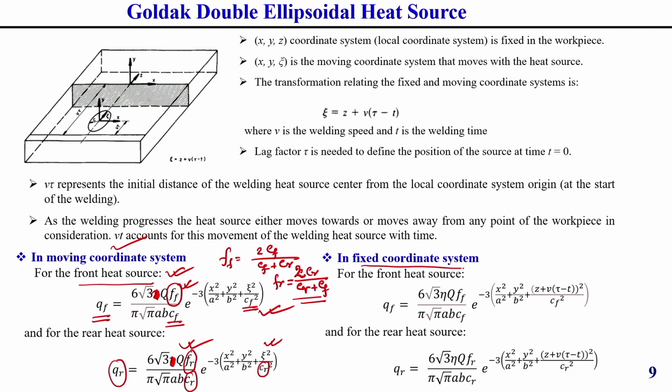For fixed coordinate system, zeta is converted in terms of z, and there also you need to use the same. Here eta is not required, because q itself I have considered as eta vi. So, I have already incorporated this efficiency term eta, that is why I am eliminating this term. If you consider q equal to only vi, then this efficiency term eta will also be there. Okay, this you should keep it in mind.